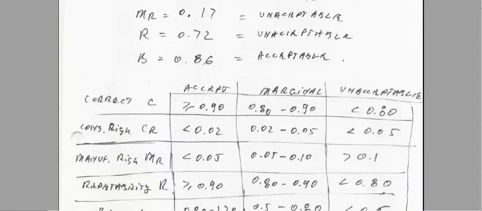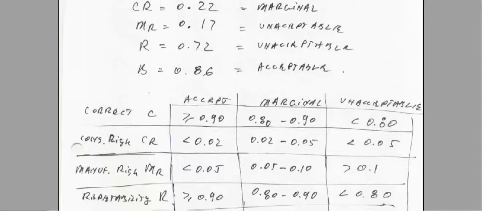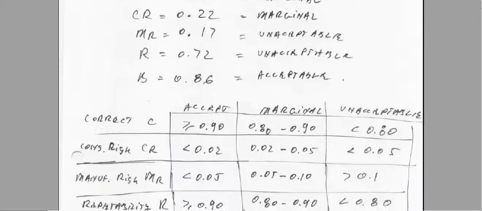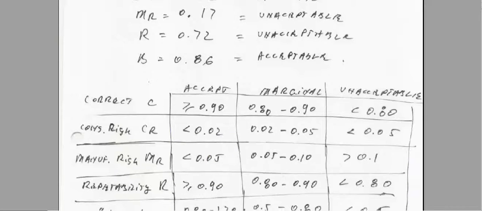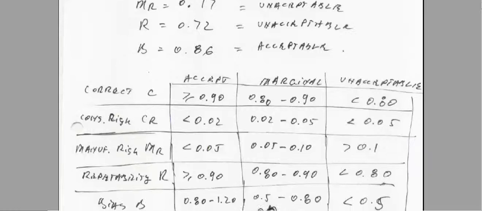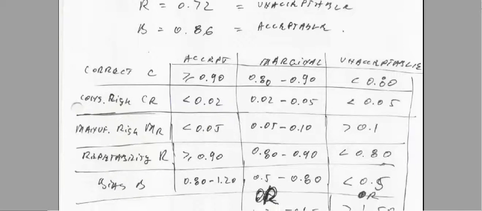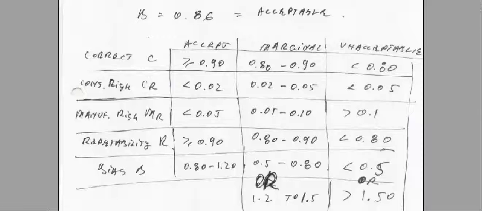We also can see that the manufacturing risk of 0.17 is unacceptable. Repeatability is not acceptable, but the bias of 0.86 appears to be acceptable because it's in the range of 0.8 to 1.2.